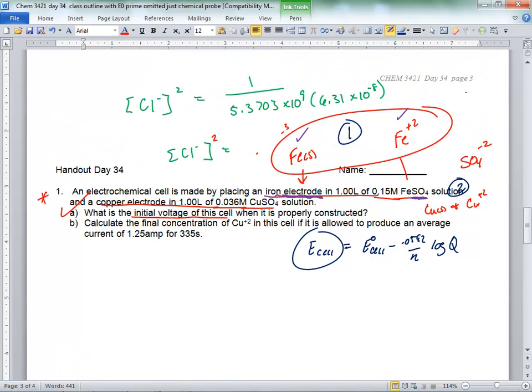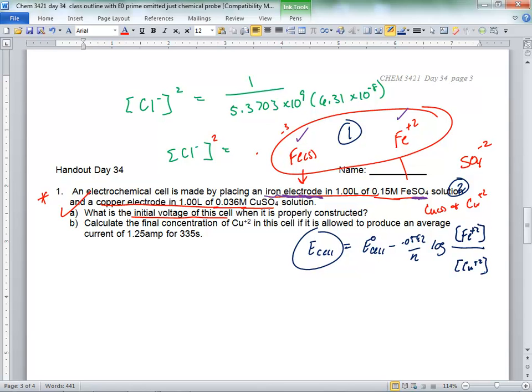Good question. If they were going to use the other one, this is products over reactants. You've got an iron +2 in here, and I'm not sure which is on which, but let's say this one's on top and this one's on the bottom. If we were going to solve for copper +2, they would have to tell us what the concentration of iron +2 is at that time, but they didn't.